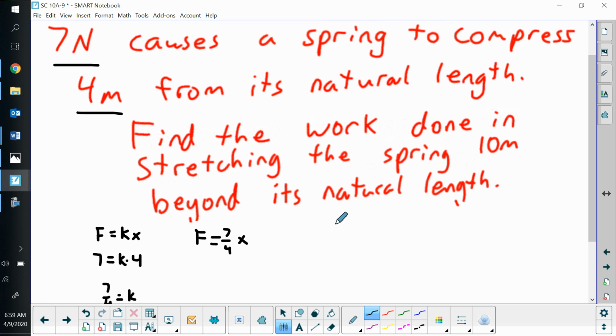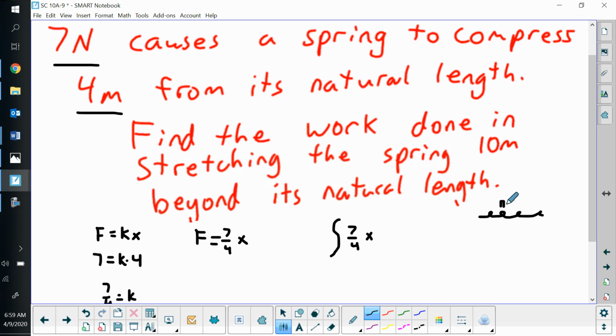Now in our integral, we do our work, which is the force times the distance. The force is just 7/4 x. Now the distance that you're traveling, if you have some spring, when we first did integrals, we did Riemann sums and we split our area into little rectangles.